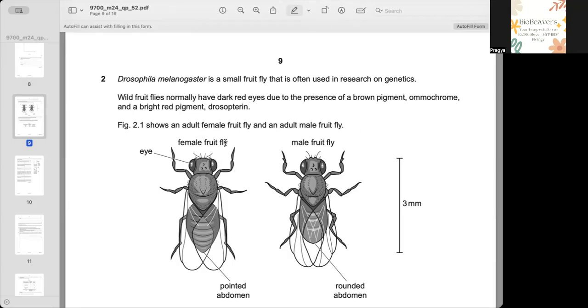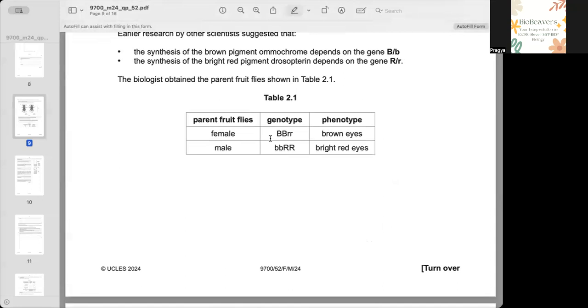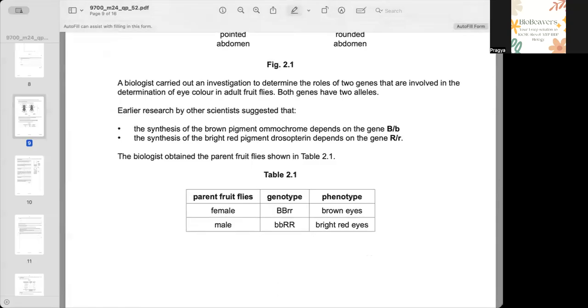When we have a lot of data given here, we have the Drosophila melanogaster small fruit fly data. We will skim through the data, make sure we read through it, and underline something which hints to us or which we feel is very important at this point of time.